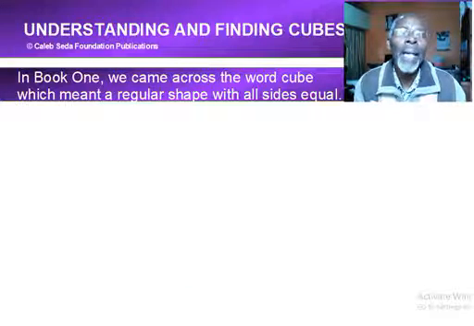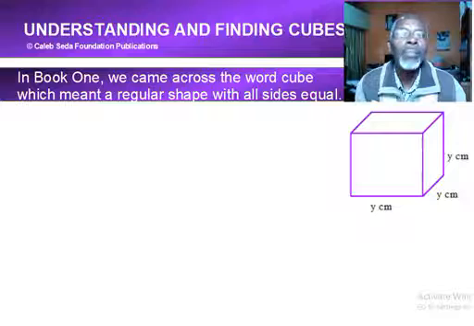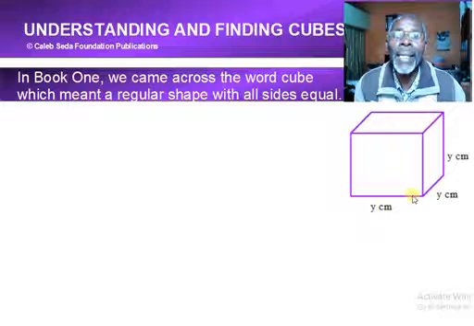We go back to our previous studies in Book 1, where we came across the term cube, and even earlier the term cube had been used to refer to a regular shape with all sides equal. This shape with sides equal is known as a cube.